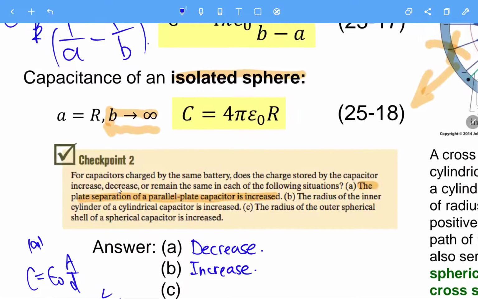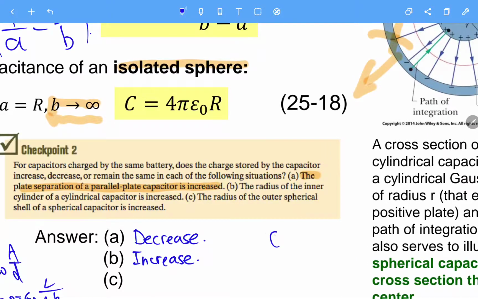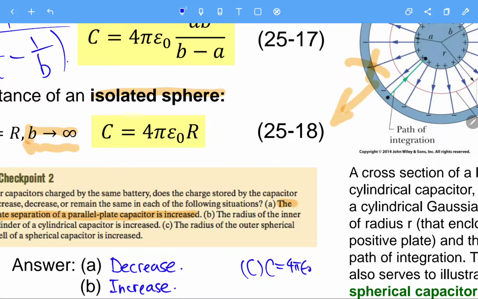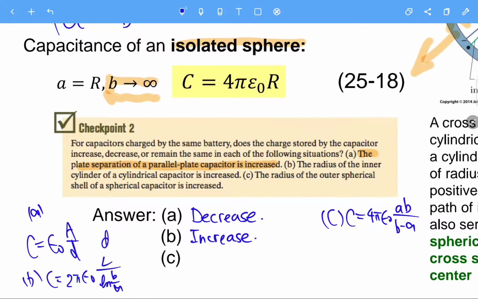So here we have a spherical capacitance, C equals 4 pi epsilon naught over 1 over A minus 1 over B. So for this one, the outer B increases.